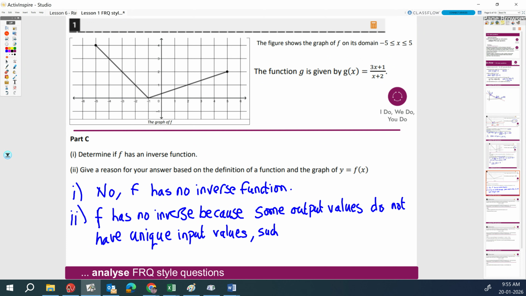So what would the example be that we would give? We would say that f of negative 2 equals f of 2 equals 1. That's the one that we found earlier, isn't it?